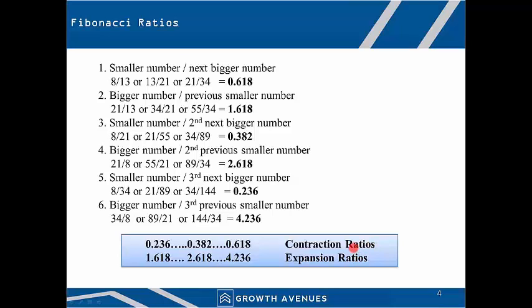You take something and expand it to get expansions, right? So either 1 gets contracted. If you do it through the Fibonacci ratios, then 1 gets contracted progressively to 0.618, 0.382, 0.236. And when you expand 1, you get 1.618, 2.618, 4.236.